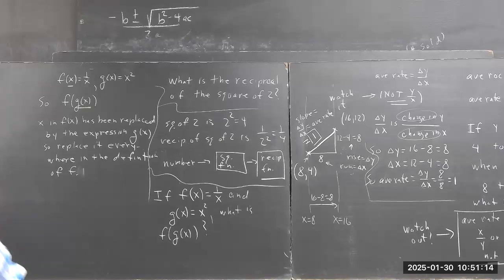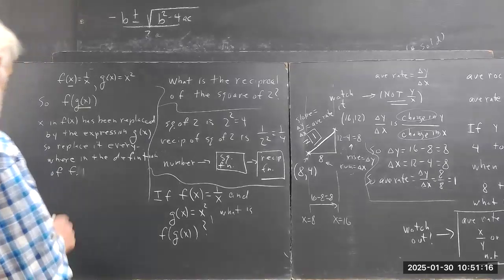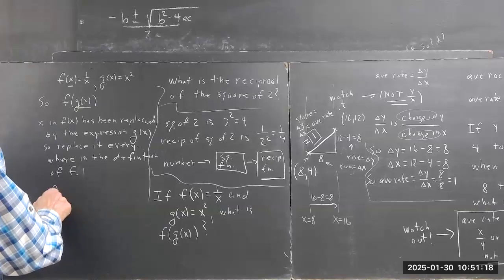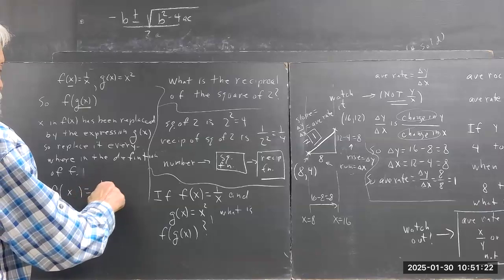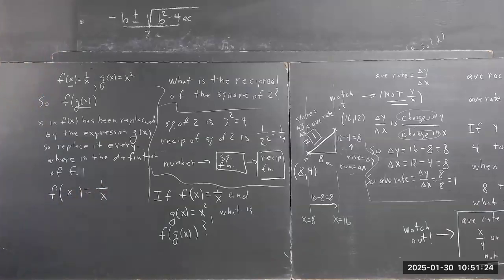Okay, I told you this is a little weird until you see it. Here, what I mean is, if we've got f of x equals 1 over x, right? And instead write a g of x every place we have an x, what am I going to have?